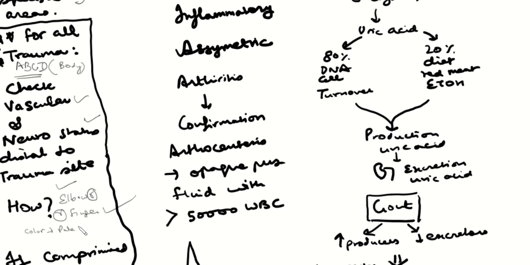Is it pale or pink? Secondly, capillary refill, less than 2 seconds. Pulses, can you feel them? If you can, you've got intact vascular and neural status distal to the trauma site.